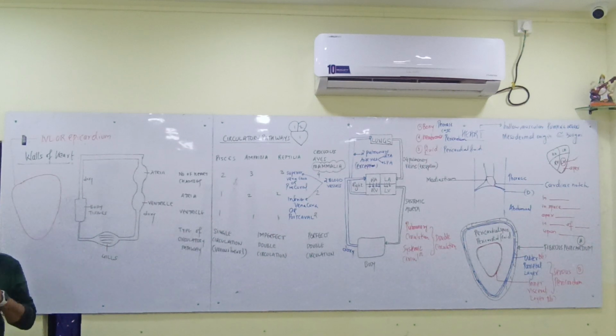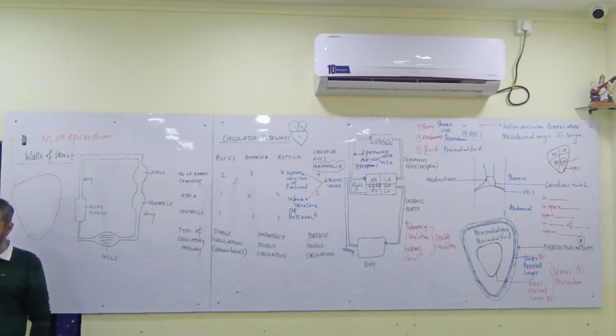So the pericardium and the heart itself share that part. That is, the inner visceral layer of the pericardium is also called the epicardium of the heart. So it is epi, outermost, cardia, layer of the heart.